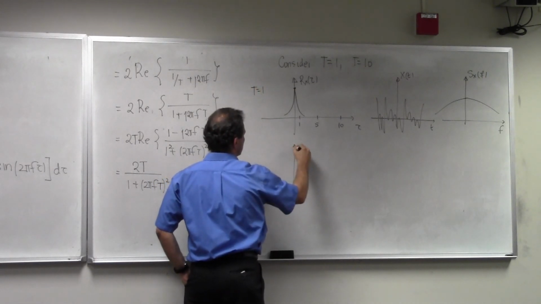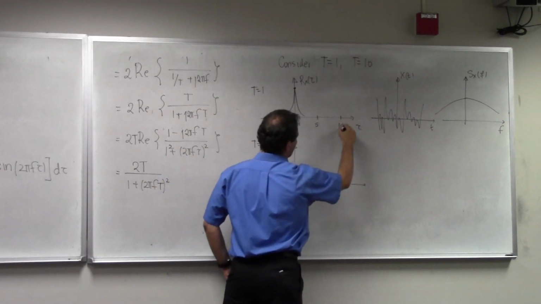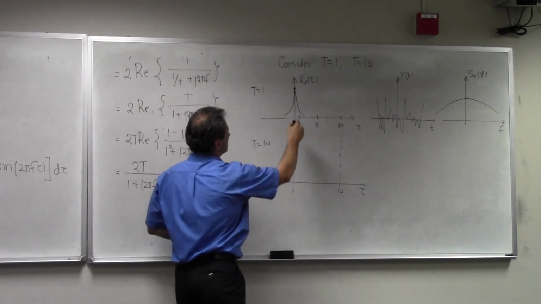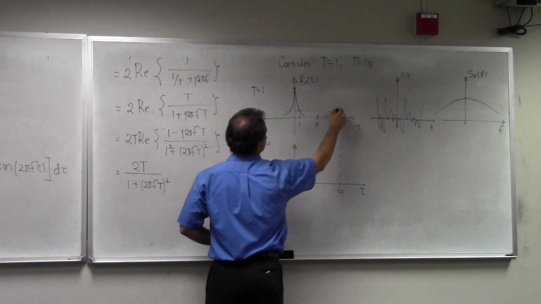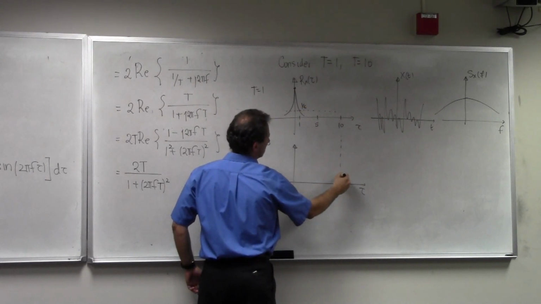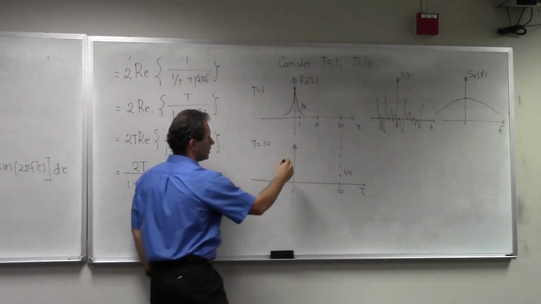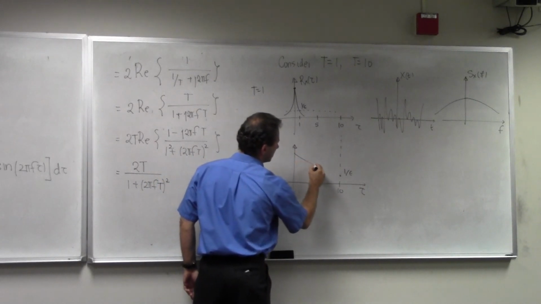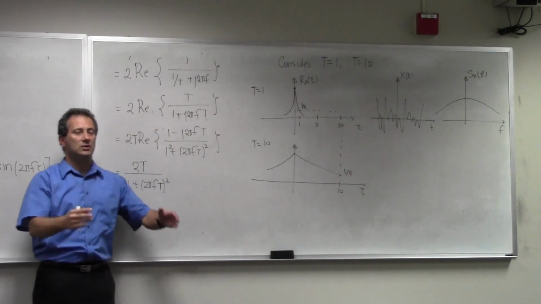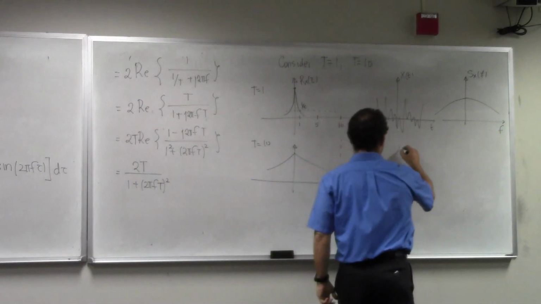Let's take a look at what happens for T equal to 10. Now, where the signal was at 1 over e when tau was 1, it is now reaching that point when tau is equal to 10. So now your autocorrelation function looks like this. It's slowly changing. It's wide open. How does the signal look in the time domain?